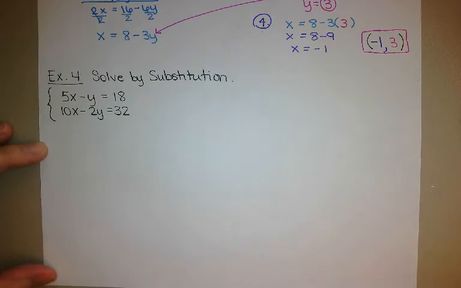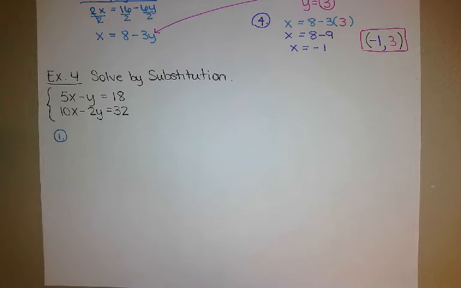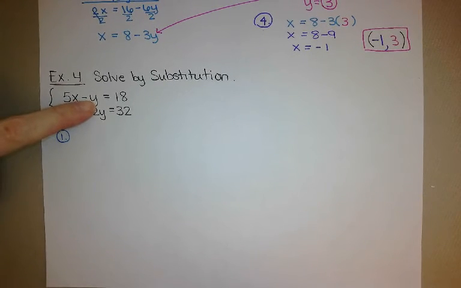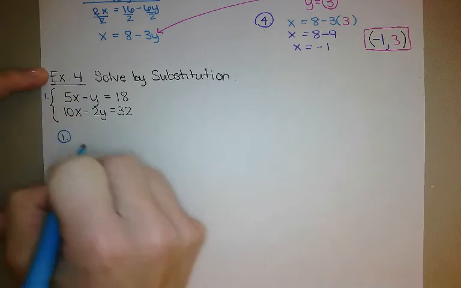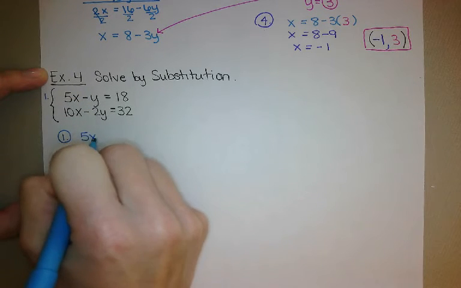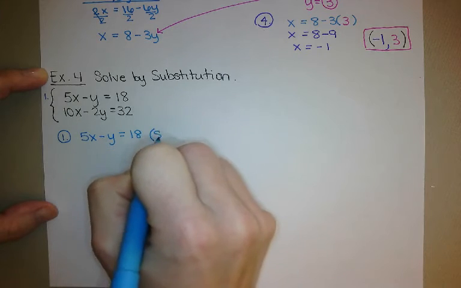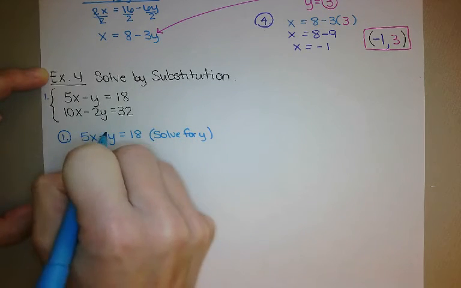Step 1, I want to solve one of the equations for y, and I want to solve the equation that has a 1 in front of it. None of these have a 1. That has a negative 1. So I'm going to choose to solve the first equation, and I'm going to solve it for the y. Okay, remember that's a negative 1.